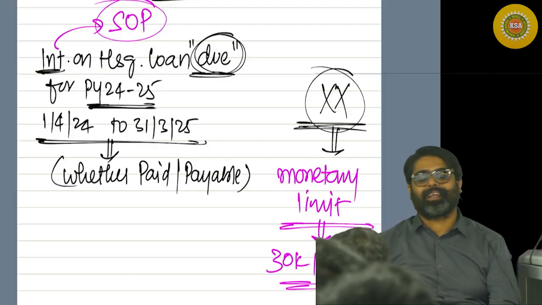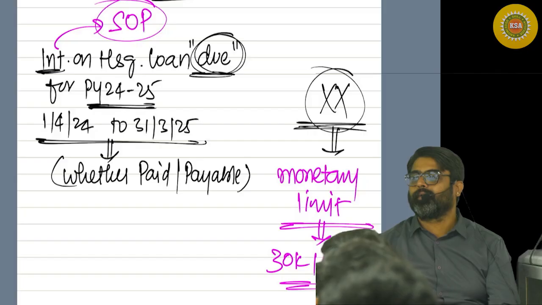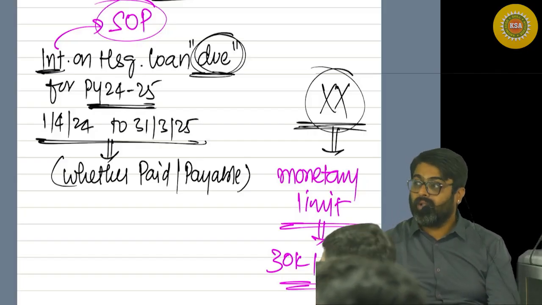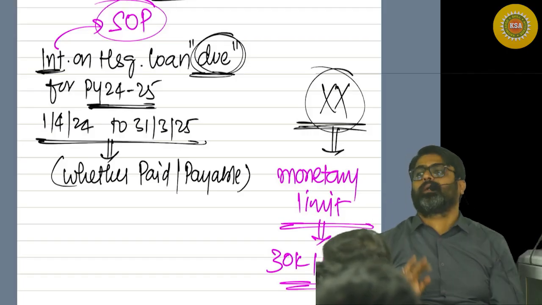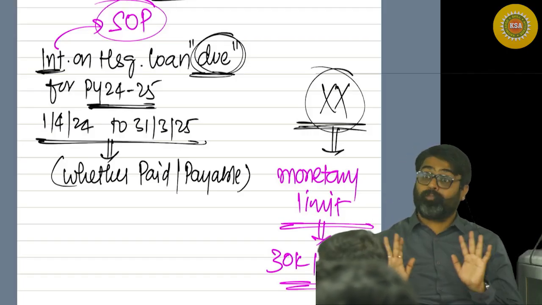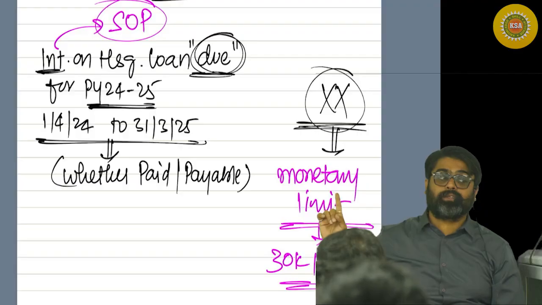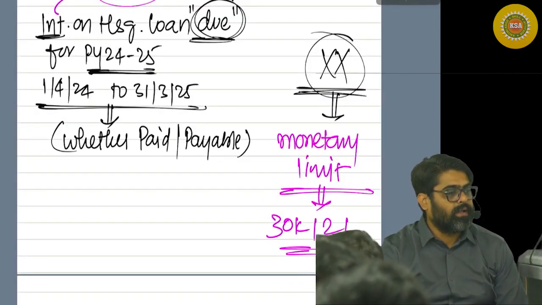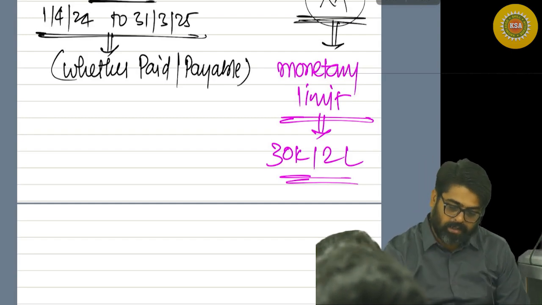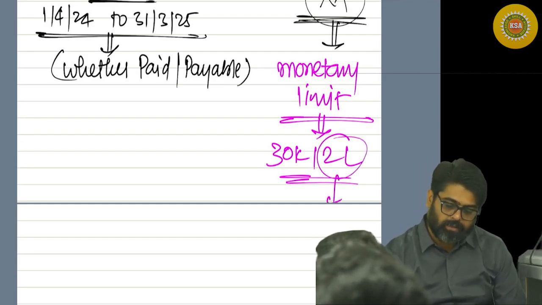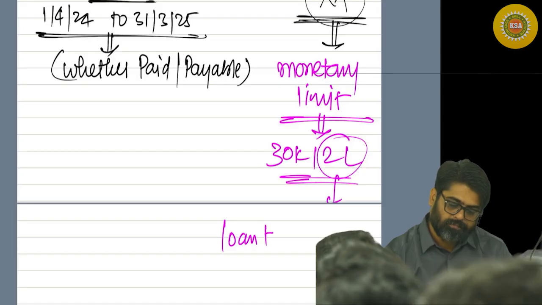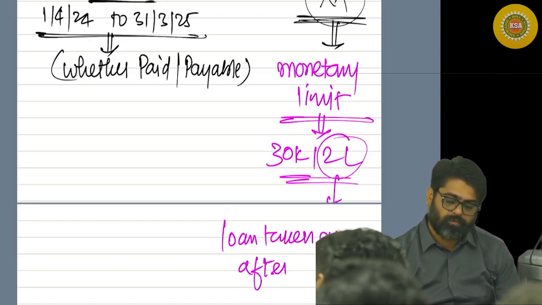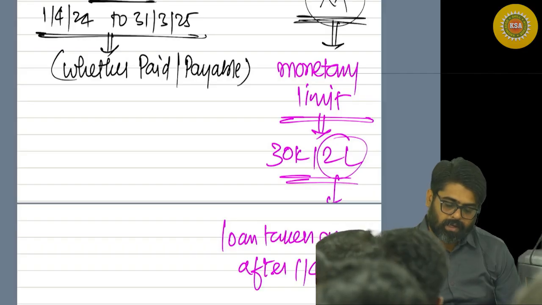So, what is the case? Tell me. I am saying 3 conditions. If all the 3 conditions are fulfilled, then the case is a special case. Then for this interest, instead of 30,000, you can take the limit of 2 lakh. Pay attention. When will you take the 2 lakh limit? Number 1, loan taken on or after 1st April 99.